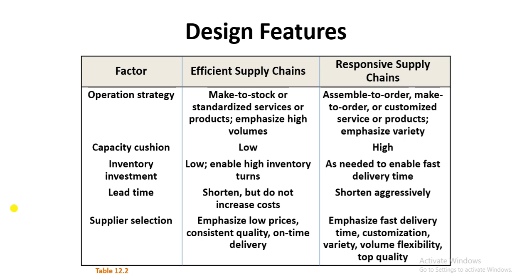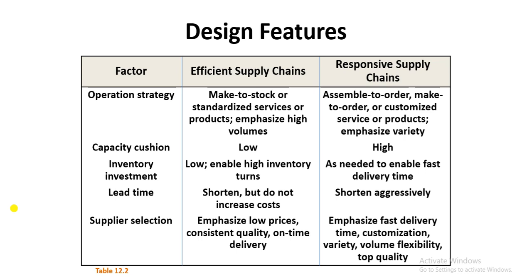It means that you are focusing on low cost operations and you are not building very large inventories, because maintaining large inventories needs extra cost. So in the efficient supply chain, your inventory levels would be low and your inventory turnovers would be high. It means that with the same inventory levels you will work throughout the year.